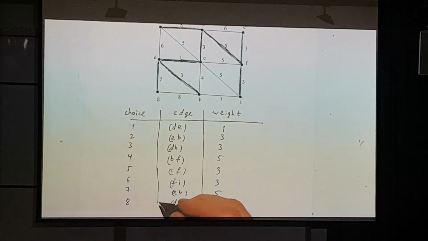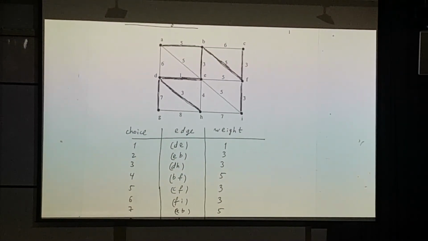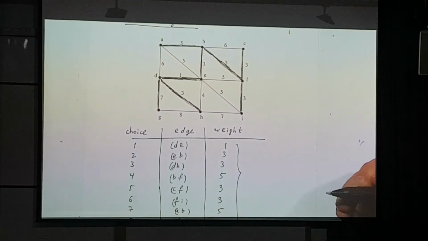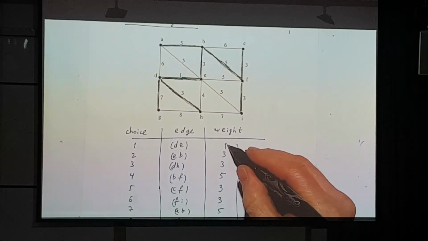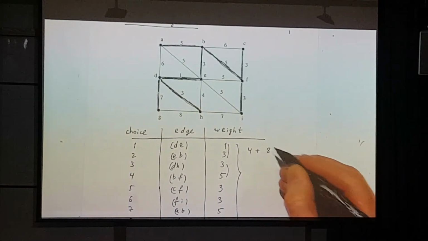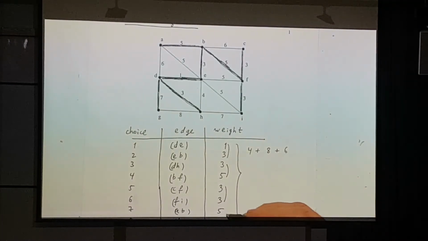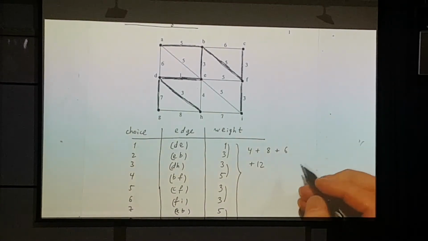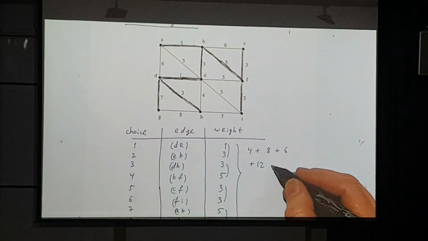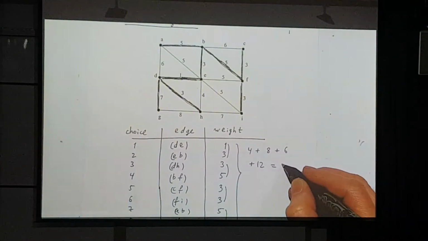Okay, so now I know that I have enough edges, and on the graph I see that it's a tree, there are no simple circuits. So we can now calculate the total weight just by adding all of these numbers. So that gives me 4 plus 9, sorry, plus 8, plus 6, plus 12, so it's 10, plus 20, yeah, so 10 plus 20, that's 30.